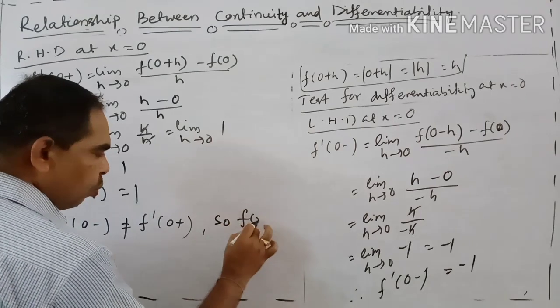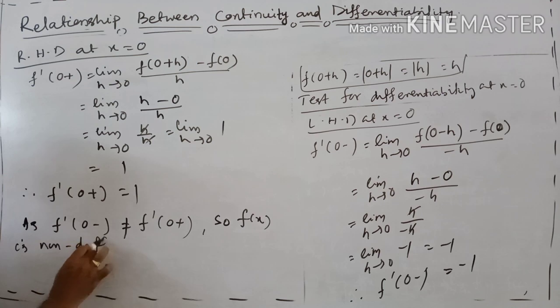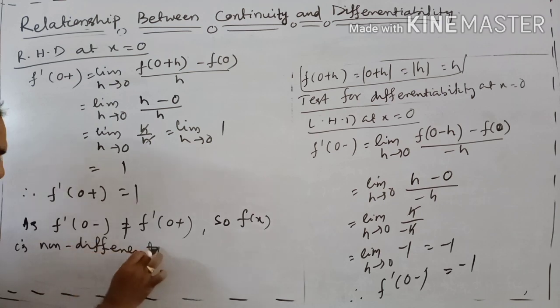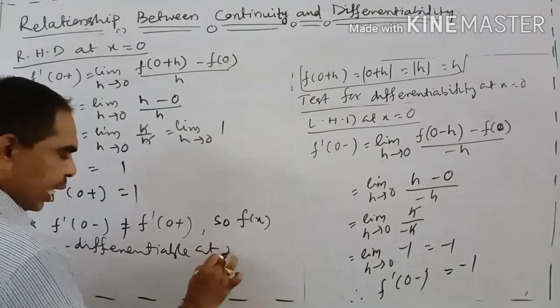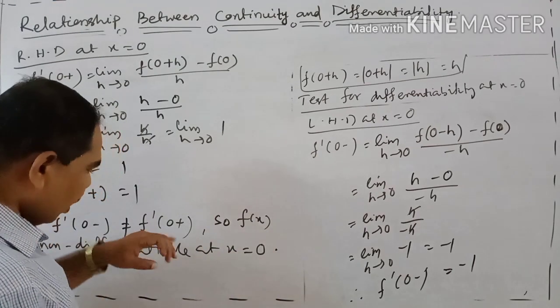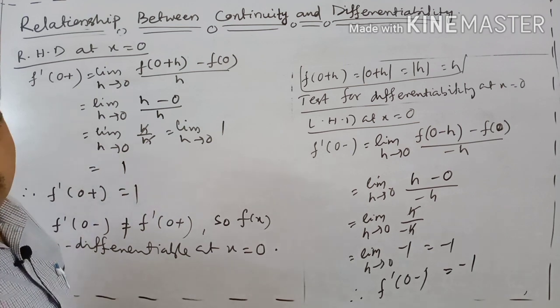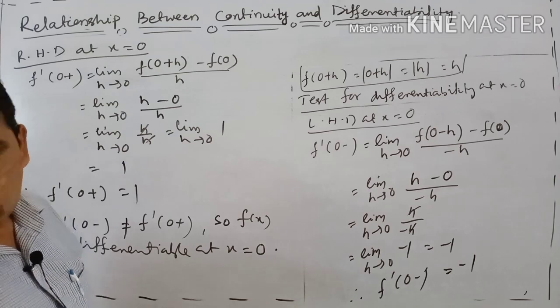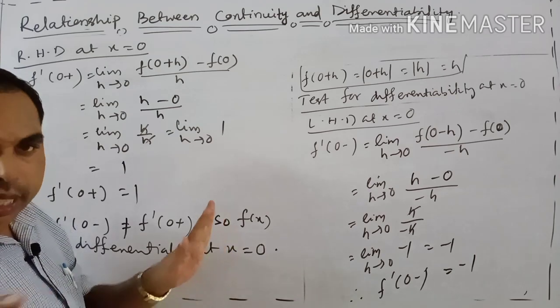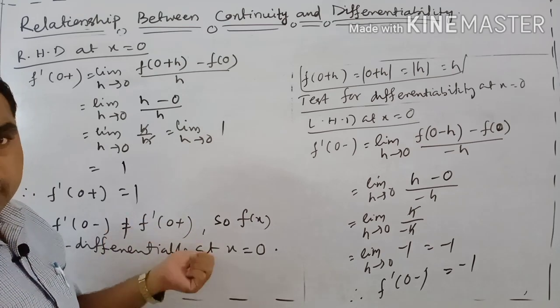So f(x) is non-differentiable at x is equal to 0. Mind it. f(x) is non-differentiable at x equal 0 because the left hand derivative and right hand derivative both exist but are not equal, so the function is non-differentiable at x is equal to 0.